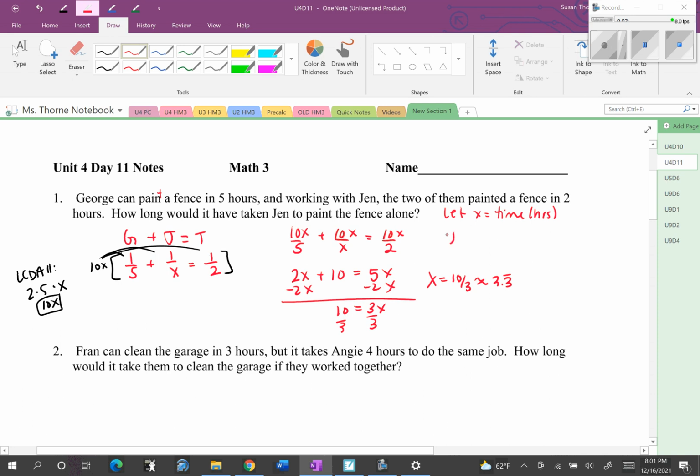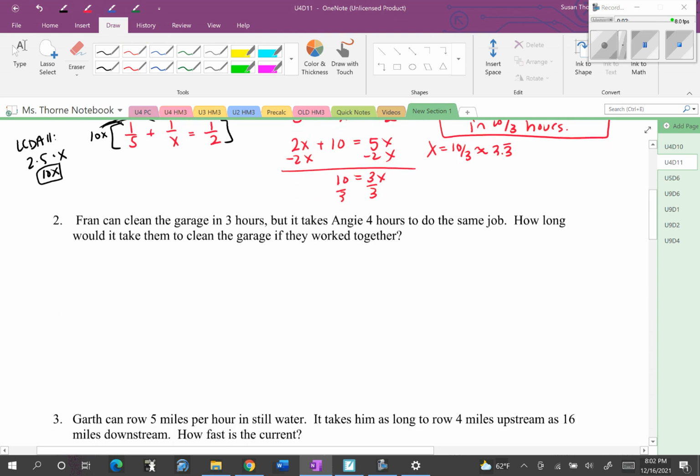So Jen can paint a fence, or one fence, in 10/3 hours, so 3.3.